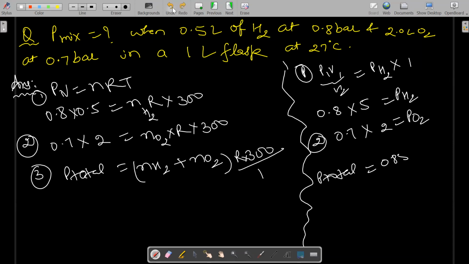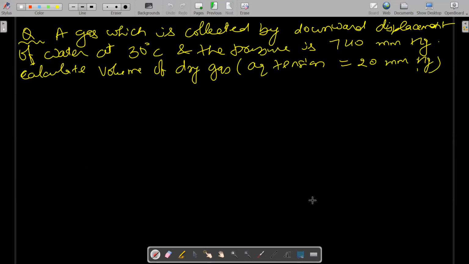This is the partial pressure of hydrogen. If you add question 1 and 2, the same right side value comes, okay? So you can do it by either this method or this method. Okay, so correct.